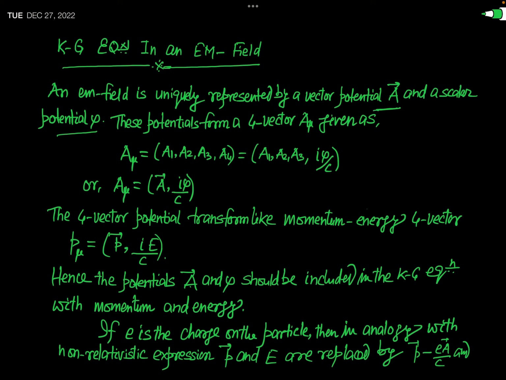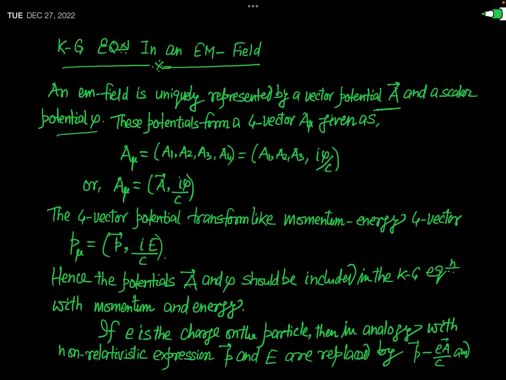So I suggest you watch the video on the electrodynamic potential in the playlist of classical electrodynamics. And if you want to know in detail about the 4 vector potential, you can watch my video in the playlist of relativistic electrodynamics.